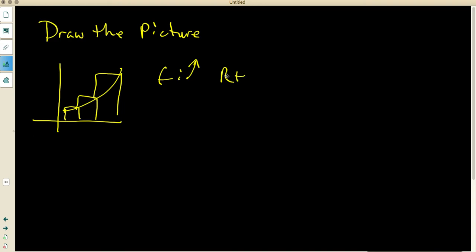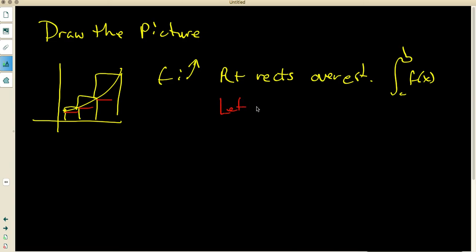If we have an increasing function and we are looking at right rectangles, they will overlap the curve. So if f is increasing, right rectangles overestimate the integral, and left rectangles will underestimate the area.